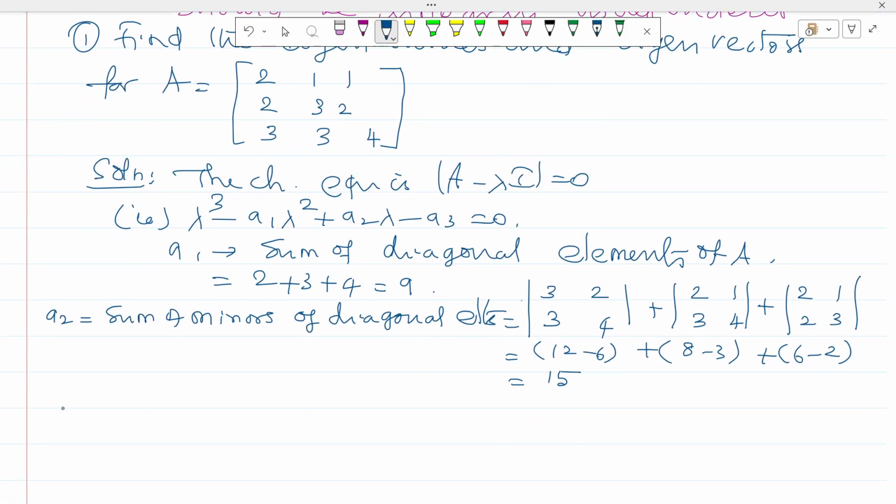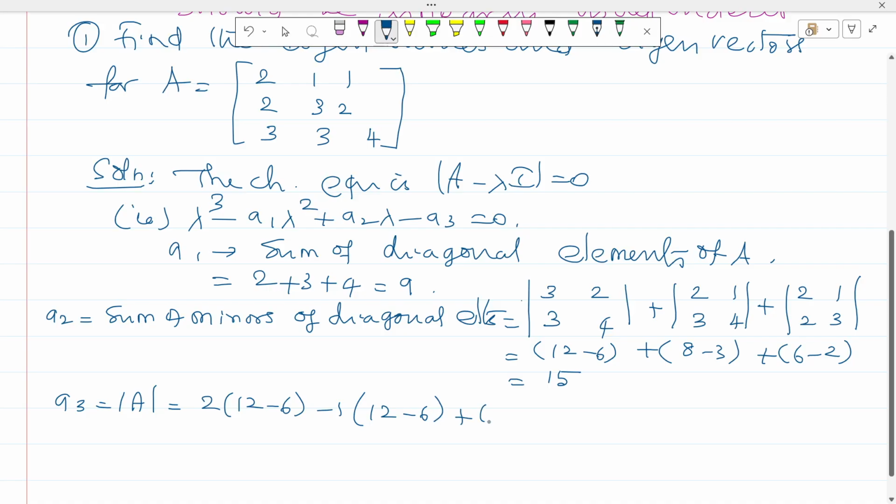Next one, A3 is the determinant of A, that is equal to 2 into (12 minus 6) minus 1 into (4 minus... ) plus 1 into (6 minus 9).